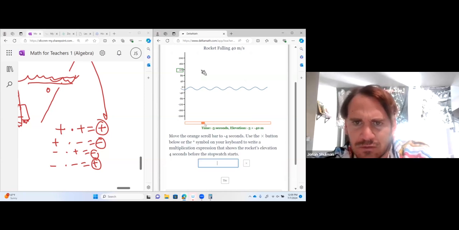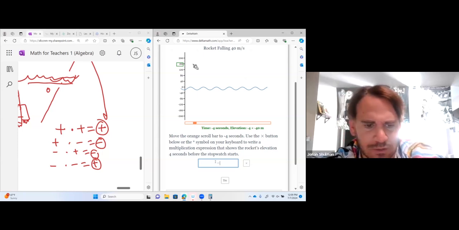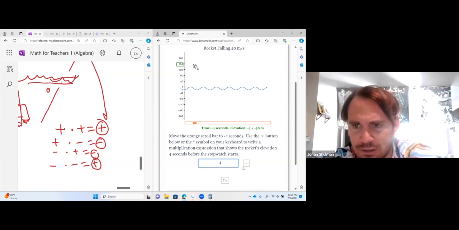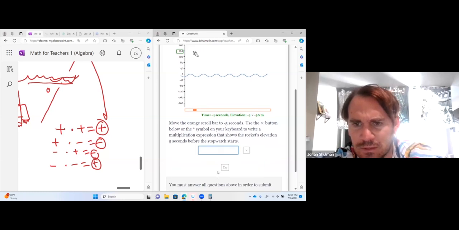So let's go -4 seconds before we click the stopwatch. This is -4 times -40. So two negatives make a positive. So we're at 160 meters. Very interesting.